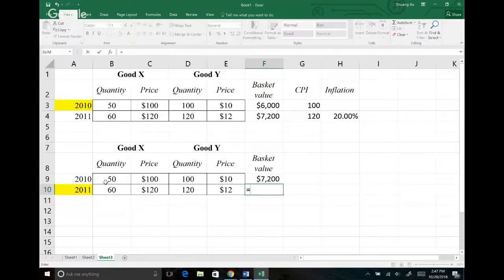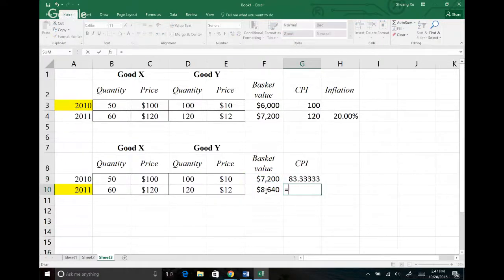And then over here equals 60 times 120 plus 120 times 12. All right, and then CPI is equal to your basket value divided by the base year times 100.